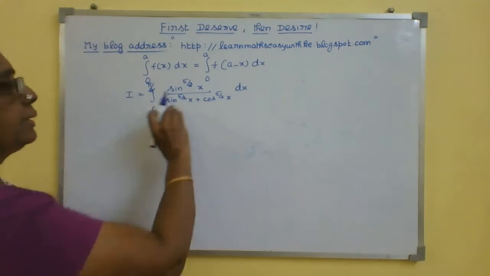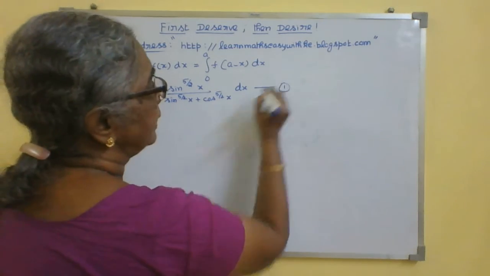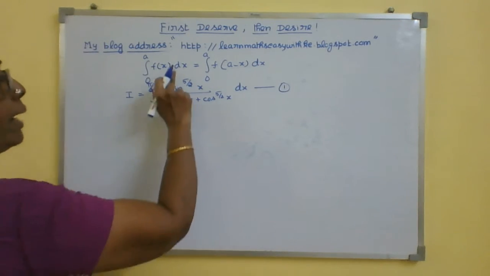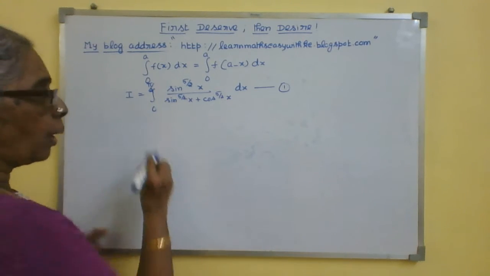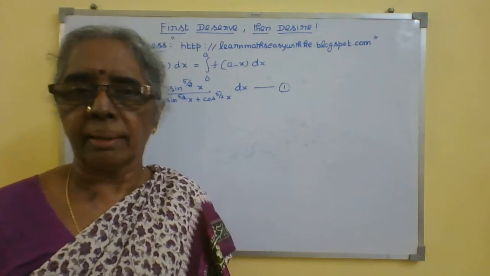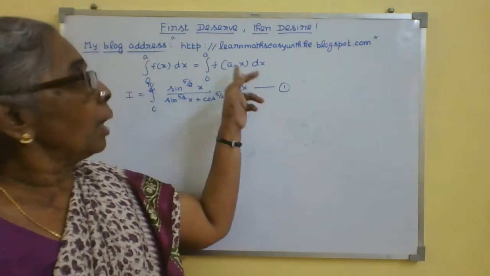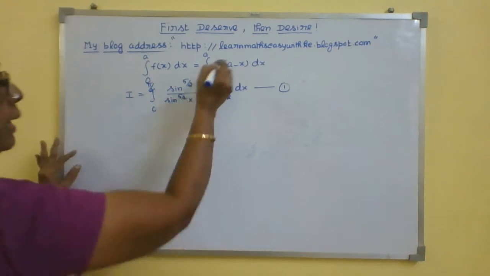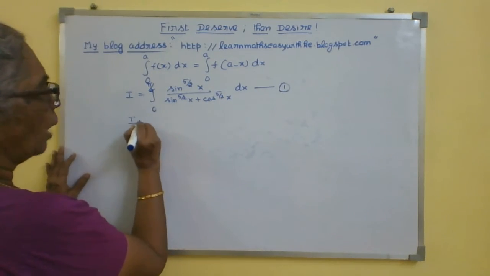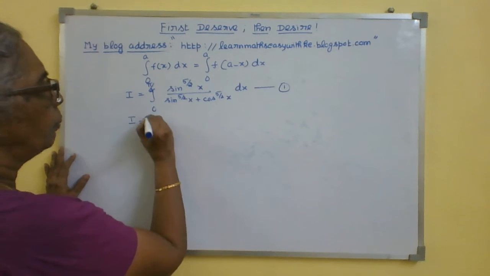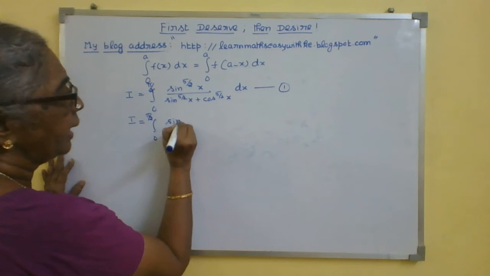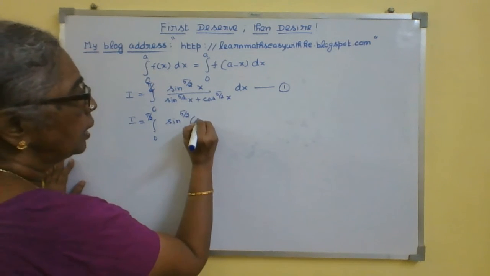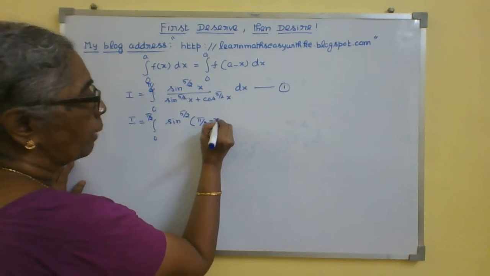So this is the type 1 I will call. Now, this is the given sum. Let me mark this as 1. Now I am going to use this property. So you have to write that property. Then by that property, don't write P1, P2 like that. That's not okay. You have to mention the property. Now I will be getting I is equal to integral 0 to pi by 2. Here it is sine power 5 by 2, you have to write now pi by 2 minus x.